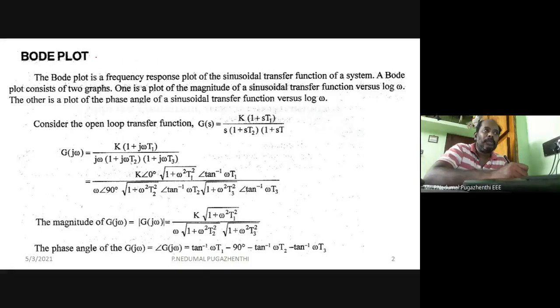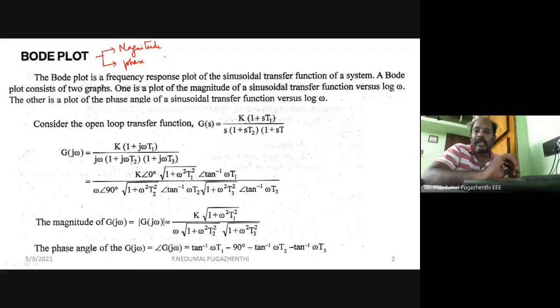In our polar plot, we combined both magnitude and phase, plotted the values accordingly, and concluded the stability of the given closed loop system from the open loop transfer function. Bode plot is also another method to calculate the frequency domain specifications and comment about the stability of the system, and it has two plots inside it.